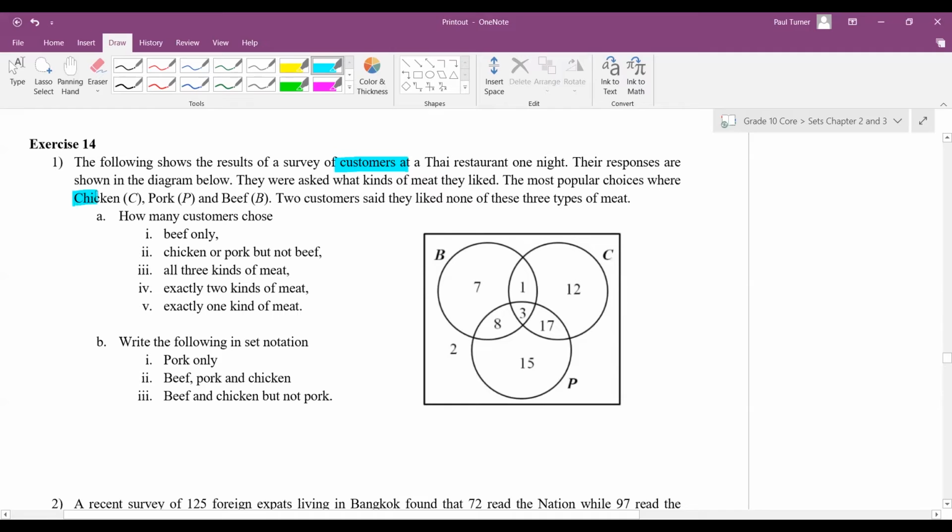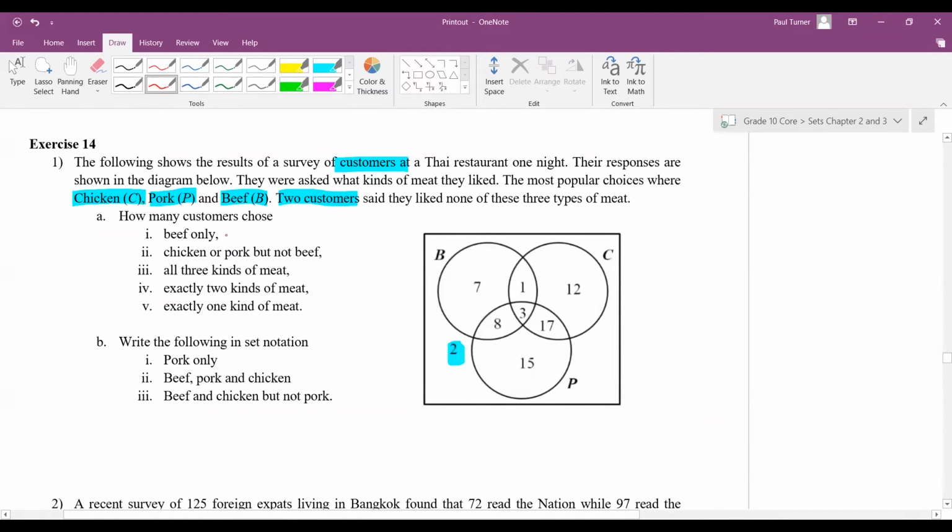So there are 3 kinds of meat, and you could like them all, or you might like none. You might be vegetarian, for example. 2 customers said they liked none of the 3 types of meat. So we know that this number here can go here already, 3 people there. Maybe some of you can tell me the answers to these.